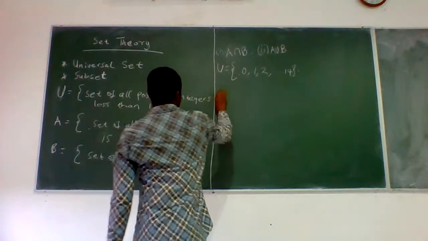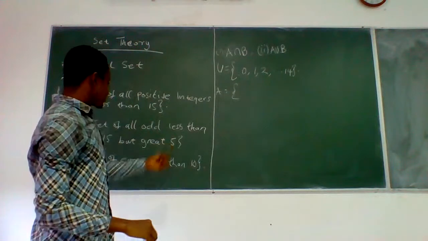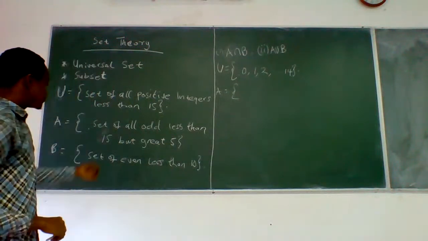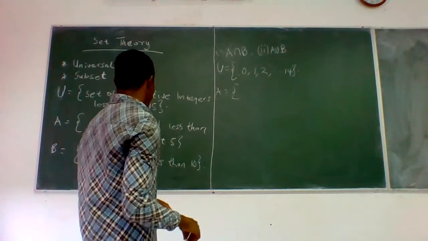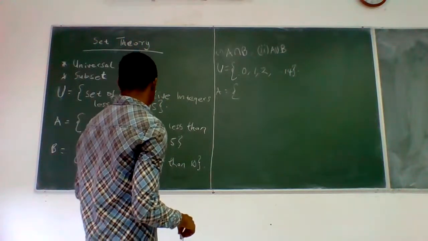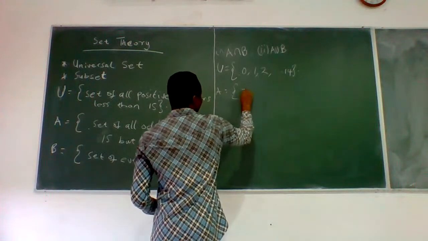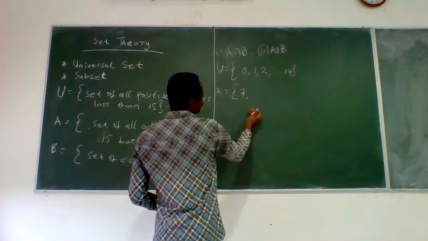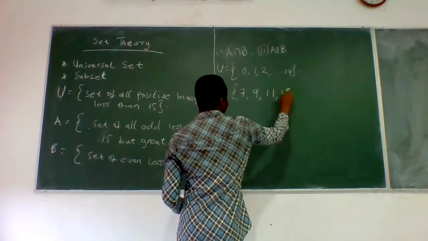And then you have A, the set of all odd numbers less than 15 but greater than 5. So what are the odd numbers greater than 5 and less than 15? We start from 7, 9, 11, and 13.